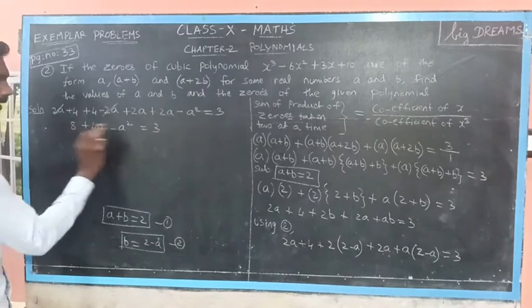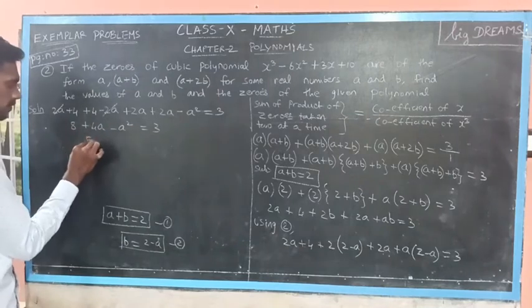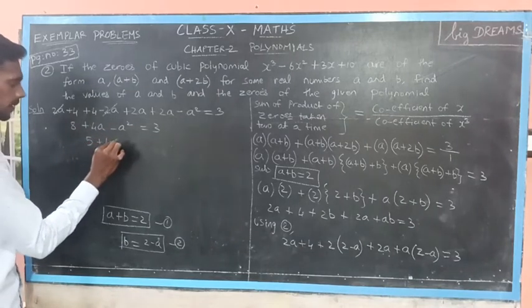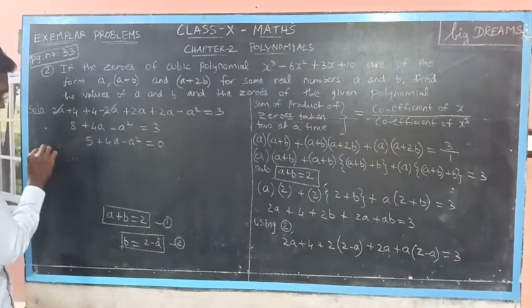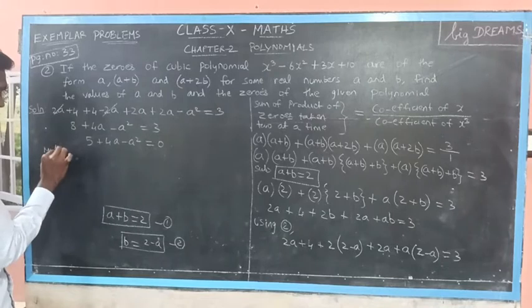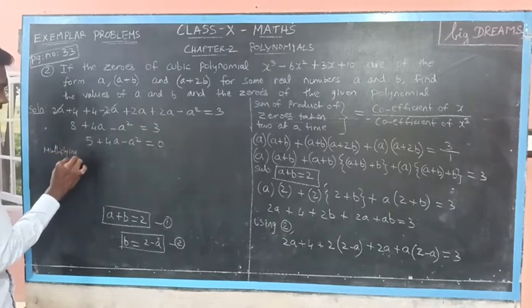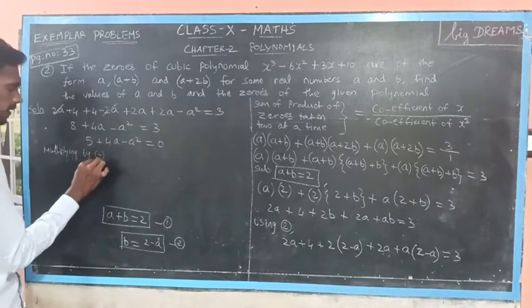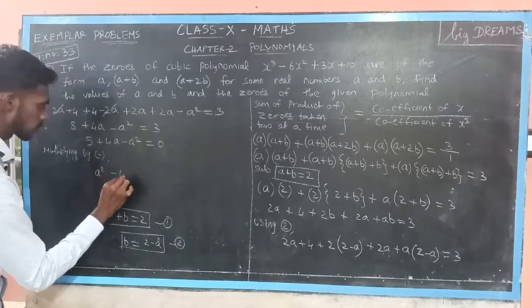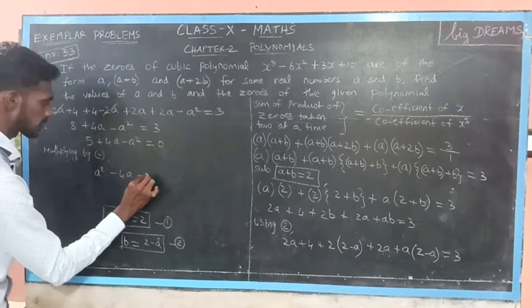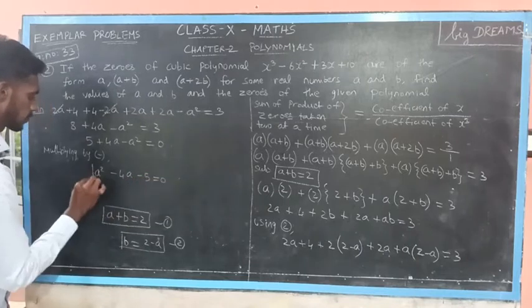Then 8 minus 3 gives 5 plus 4a minus a square is equal to 0. On multiplying by minus sign, we will be getting a square minus 4a minus 5 is equal to 0.